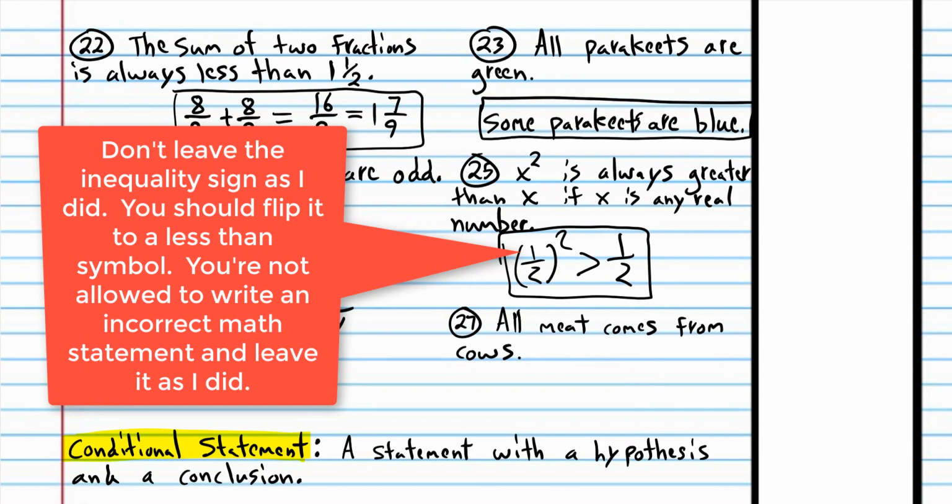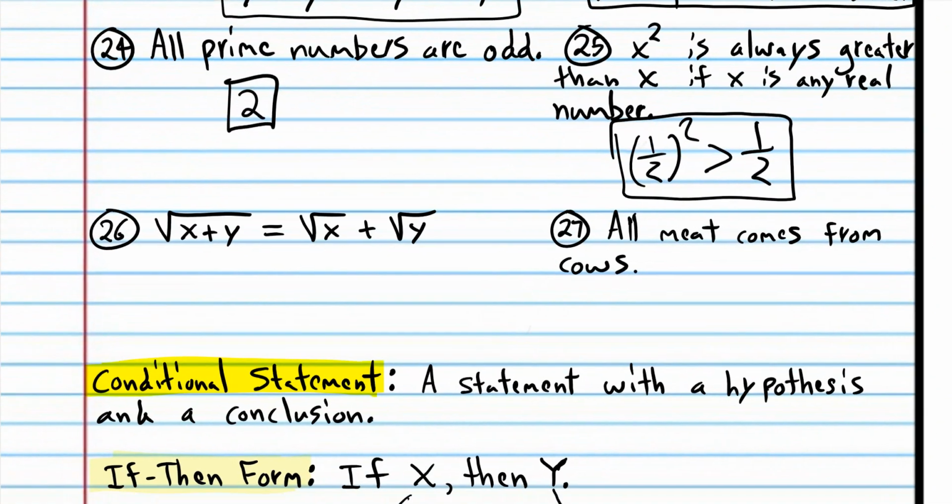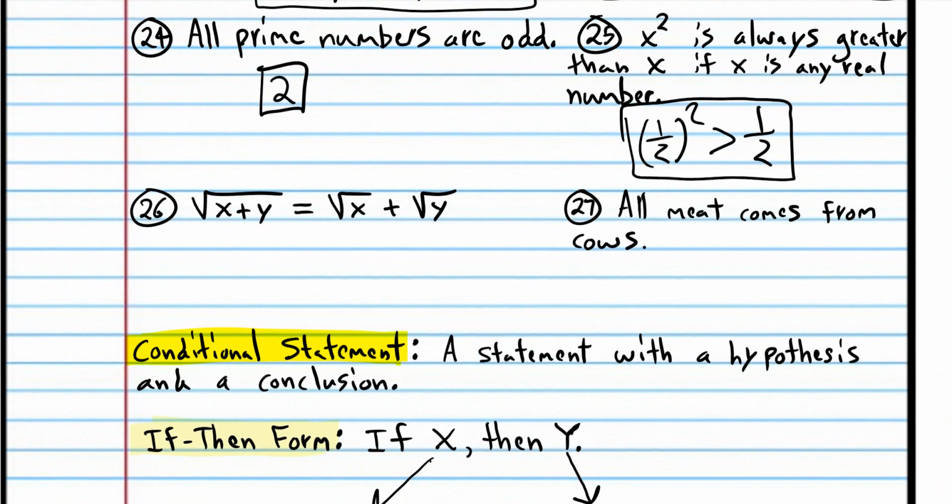All right, so 26. I'm going to do 26 with you because 26 is a little weird. So this is a conjecture, and we're going to disprove it. So we're going to use x equals 1 and y equals 2. That should work. So now let's plug in 1 and 2. Square root of 1 plus 2 is not equal to square root 1 plus square root 2, because I'm pretty sure it's not going to work.